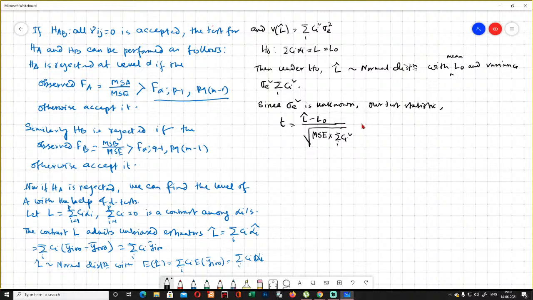Under H naught, this follows a t distribution, and the degrees of freedom is pqm minus 1, which is the error degrees of freedom.